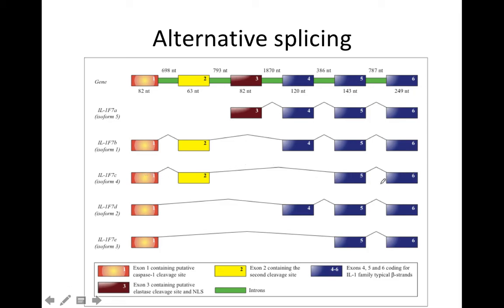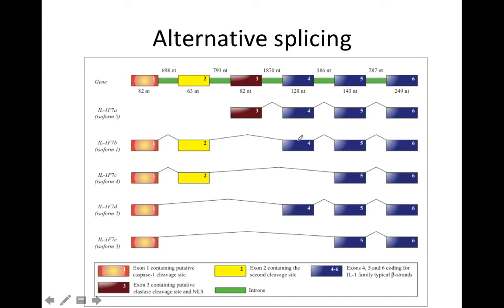And because these proteins are encoded by the same gene, we call them isoforms or protein isoforms. Now, it was said that these proteins will have the same function except that they are recognized by different organs. So, for example, IL-1F7A is recognized by the heart, let's say, whereas IL-1F7B is recognized by the brain.